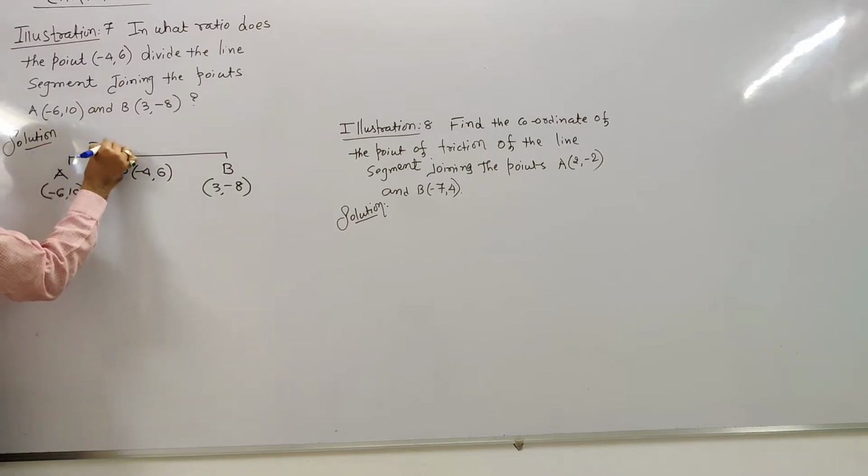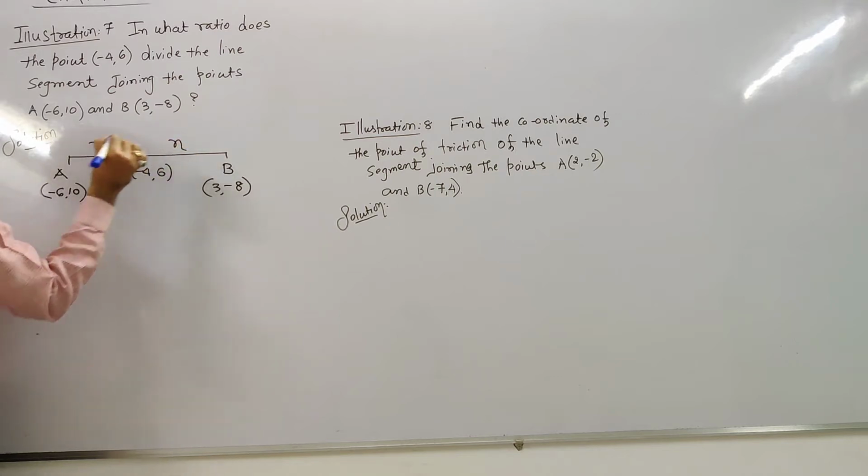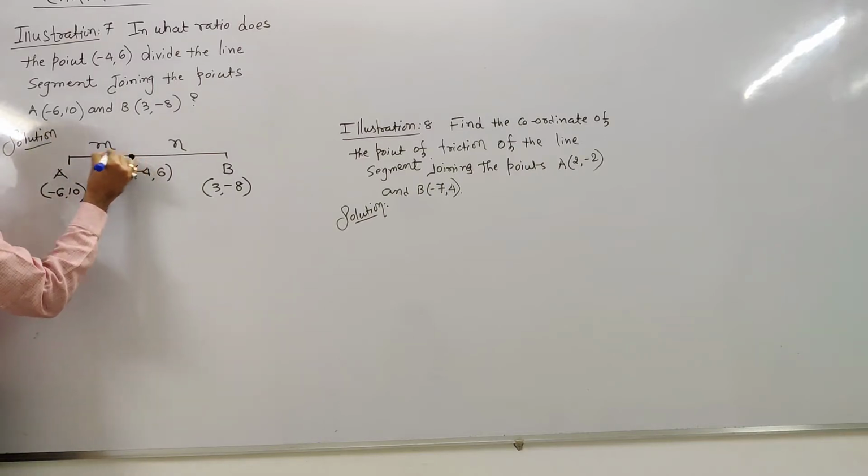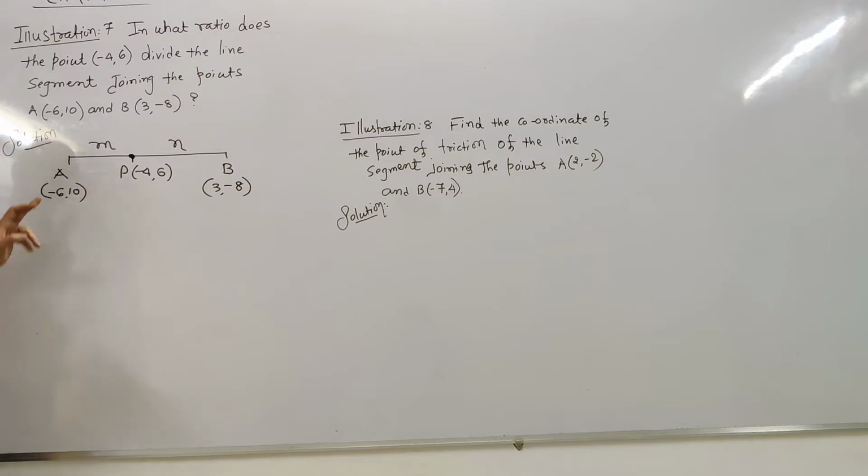The ratio is m to n. So in this question, you have to find the value of m as well as the value of n. You know this point P divides the line segment AB in the ratio m by n, and here you have to find m and n.